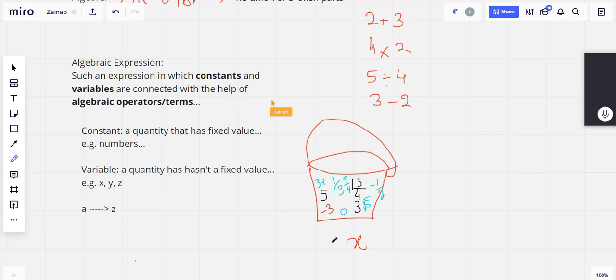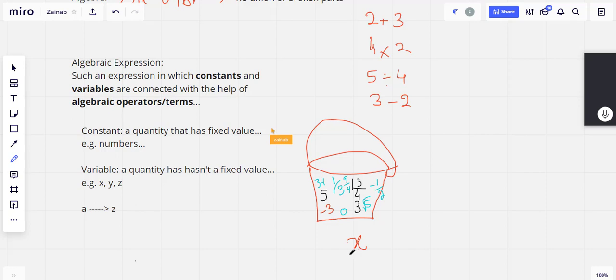So what I'm trying to say is that a variable can be anything. If we are giving a value to a variable, we can give any number we want. And if we are finding the value of the variable, then it can be anything. Like in one equation, x can be 1, in another equation it can be 2, in the third equation it can be a negative number, and in the fourth equation it can be a fraction.